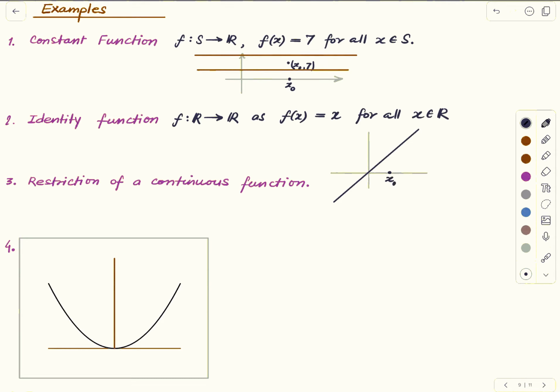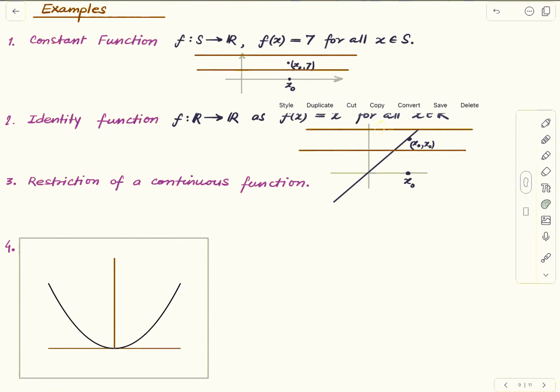All right, so the corresponding point in the graph is this one, x0, f(x0). And let us make an epsilon band around it. Now, what do we need to do to prove that the function is continuous at x0?